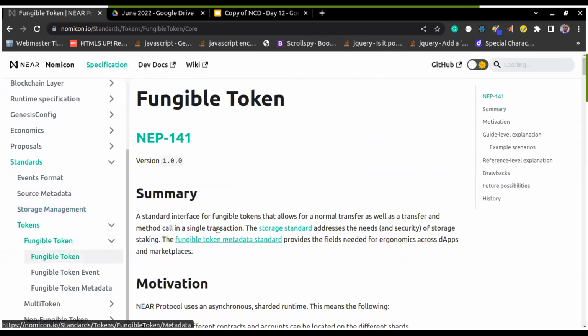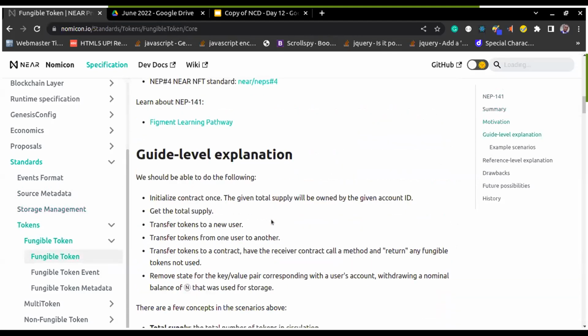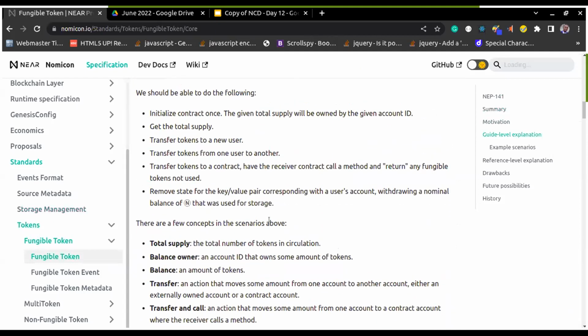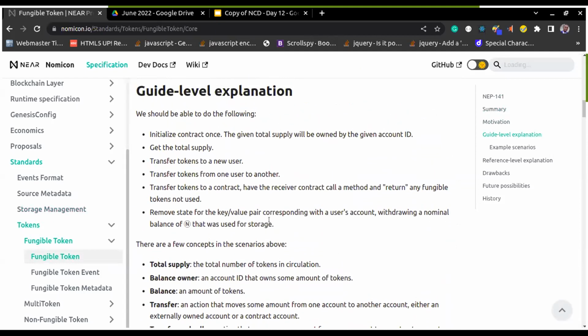Yeah, so that is that. Let's just get back here and go through this. So let's go through this scenario. We should be able to do the following within a fungible token. Initialize the contract once, so the given total supply will be owned by the given account ID. So this is a pre-initialization of that particular smart contract.